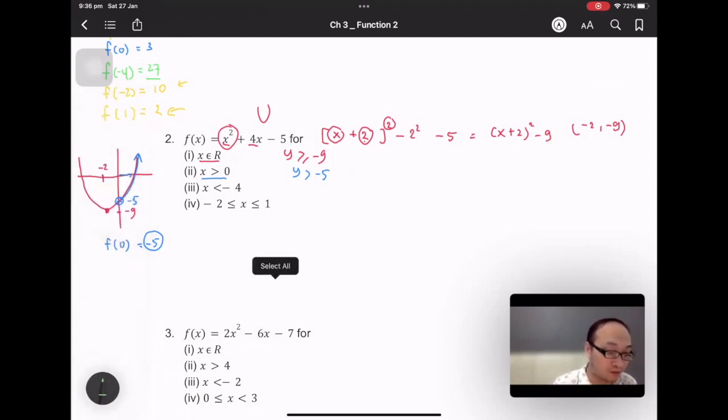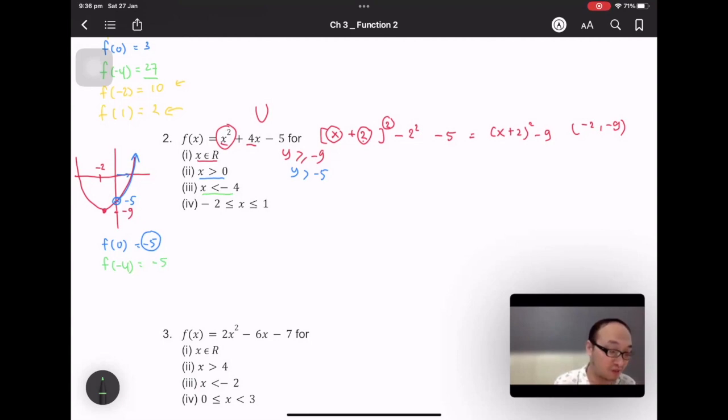Now, x smaller than negative 4. So we find f(negative 4). The negative 4 plus 2 is negative 2 squared, 4 minus 9, it's negative 5. So here is negative 4.